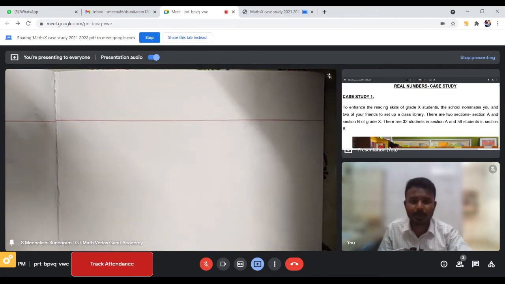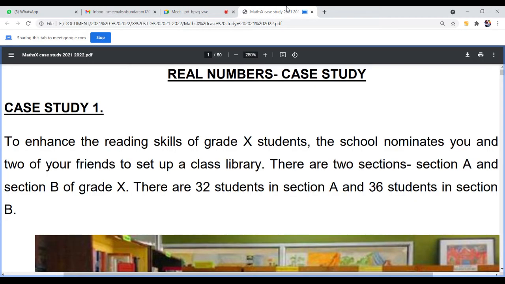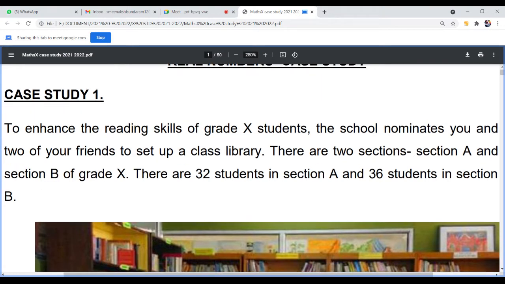Chapter number 1, real numbers. Here the CBSE question bank gives case study problem number 1. To enhance the reading skill of grade 10 students, the school nominates you and two of your friends to set up a class library. There are two sessions, session A and session B of grade 10.